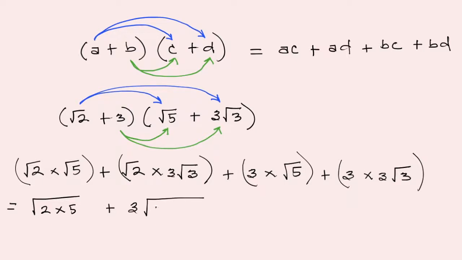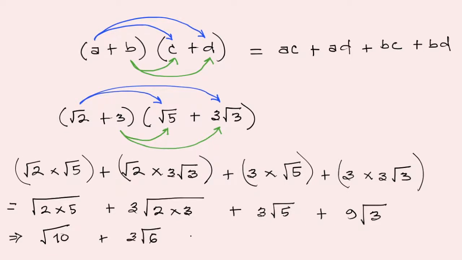And then the terms under the radical sign gives 2 multiplied by 3, plus 3, this is easily 3 root 5, plus the outside terms multiplied to give 9, 3 times 3, and there's only one term under the radical sign here, which is root 3. And so we can write this finally to be root 10, 2 times 5, plus 3 root 6, plus 3 root 5, plus 9 root 3. If we look through, there are no terms that we can combine here, so this is our final answer.